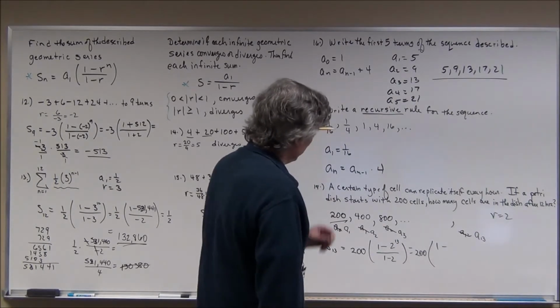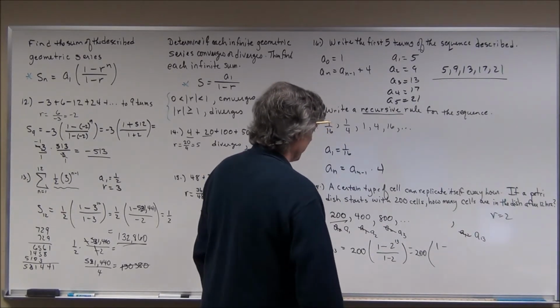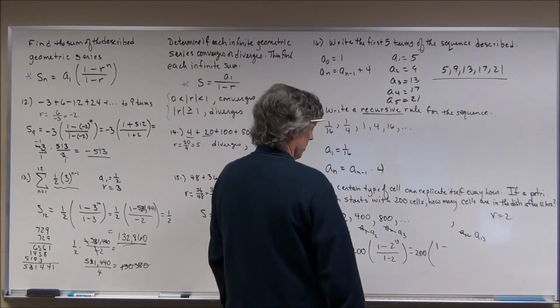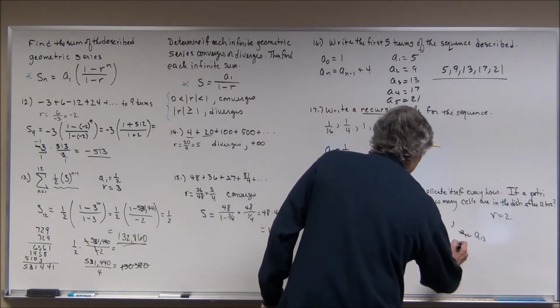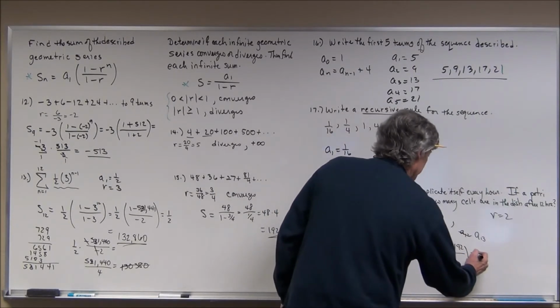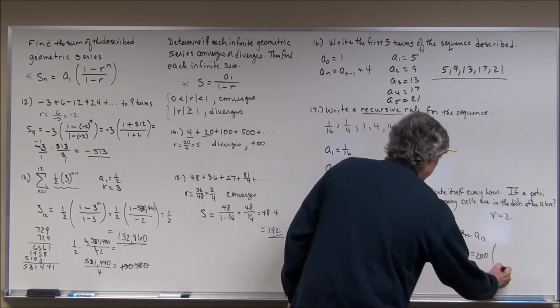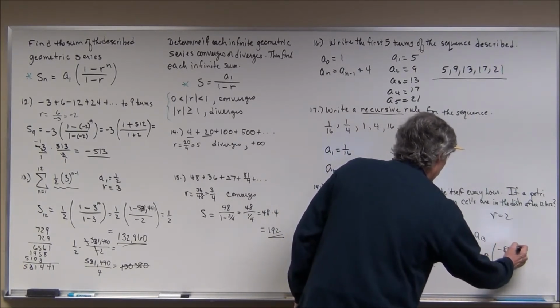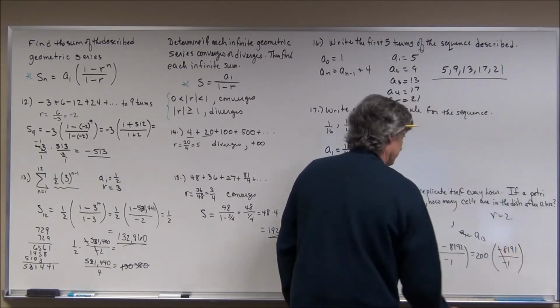That's 1,000, 2,000, 4,000, 8,192. 8,192 all over negative 1. So this is 200 times negative 8191 all over negative 1. So those cancel. So I have 200 times this.